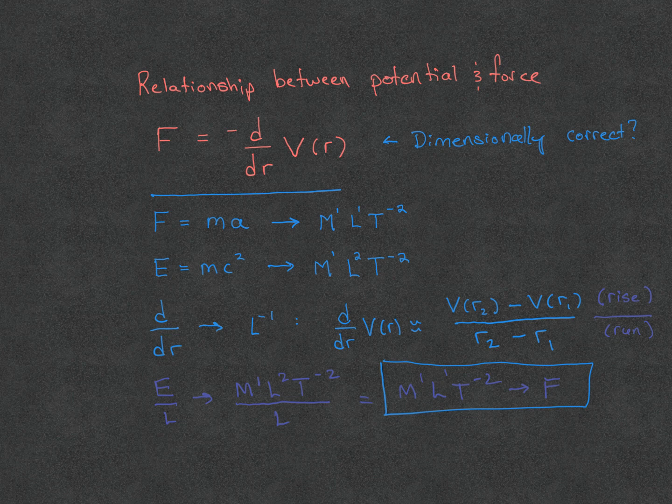It helps to actually see some of these potentials before we assess whether our negative sign is correct. But at least at this point, we've made an argument that the derivative with respect to a length variable of our potential should yield a force, because that makes dimensional sense.